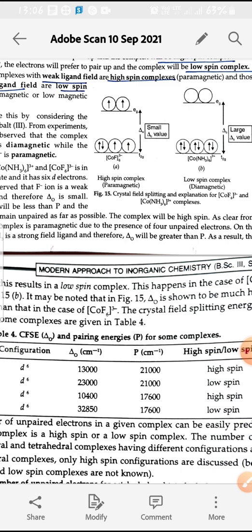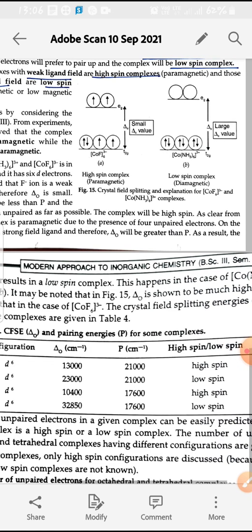So both have cobalt +3 and d6 configuration. Ammonia is a strong field ligand as compared to the fluoride ion, so the ammonia complex will form a low spin complex, whereas the fluoride complex will form a high spin complex.